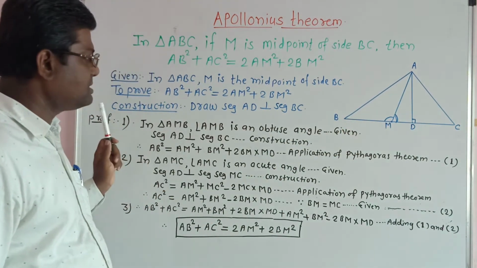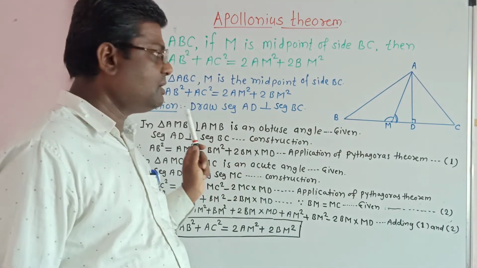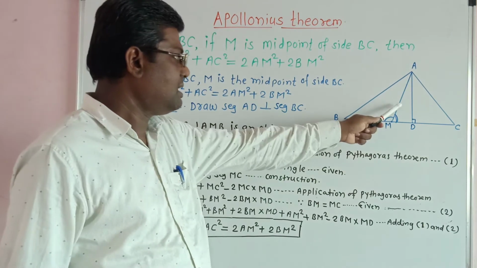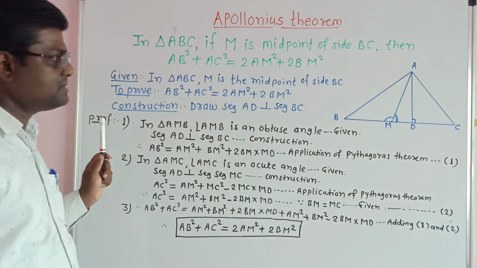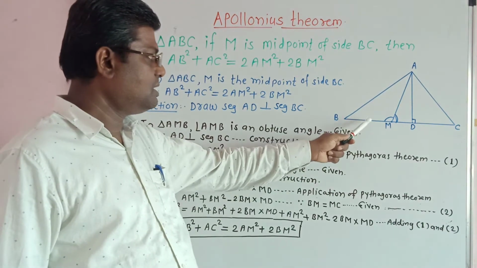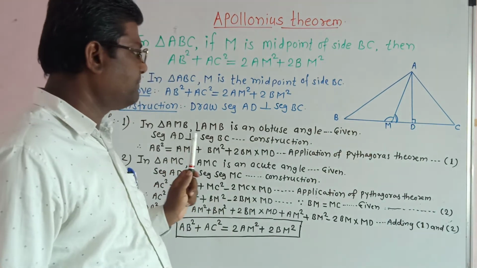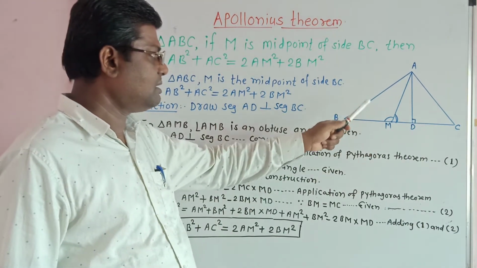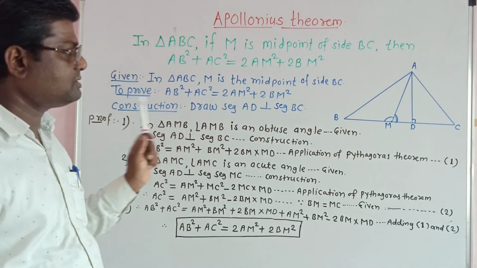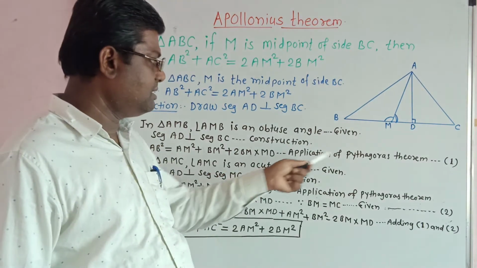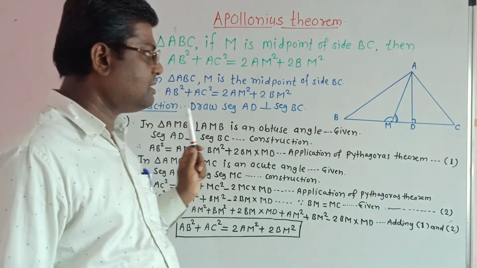Therefore AB square is equal to the sum of squares of the remaining two sides, that is AM square plus BM square plus 2 into BM into MD. This is the application of Pythagoras theorem, and this is equation number 1.